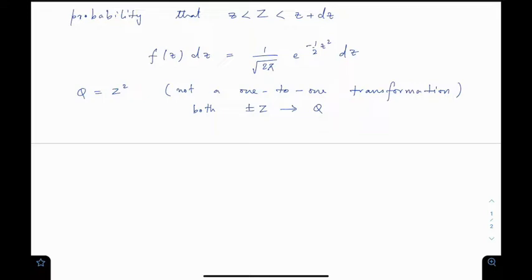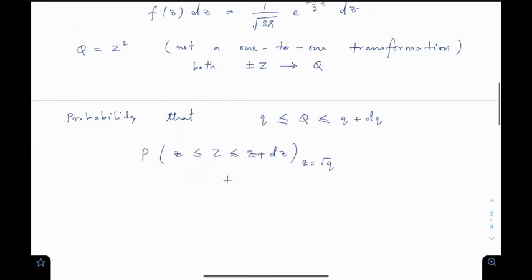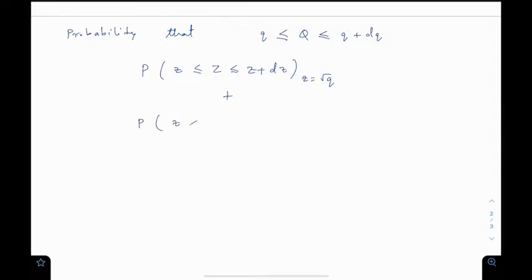Now the probability that q lies between small q and small q plus dq is actually the sum of the probabilities that z lies between z and z plus dz at z equals root q, as well as at z equals minus root q.